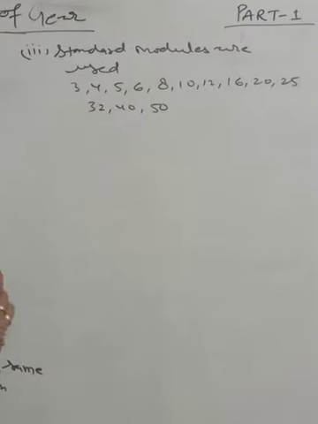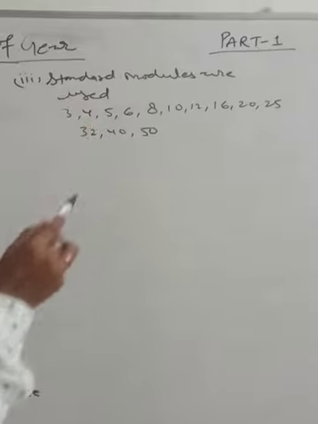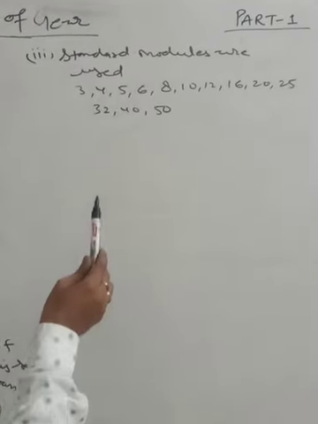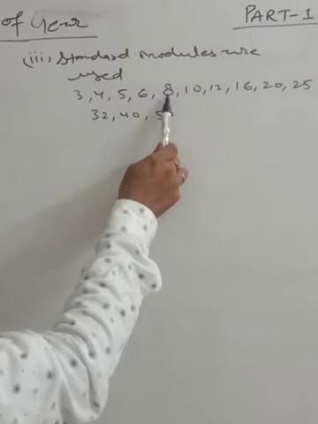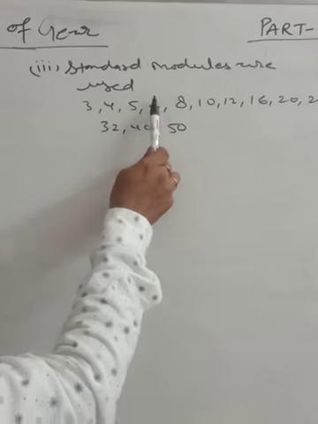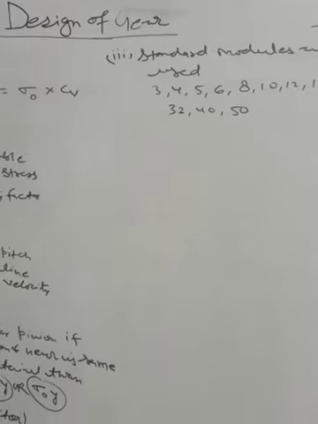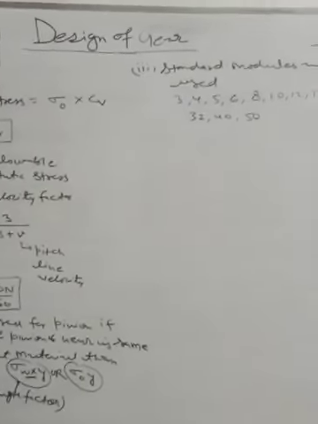If our module is in this range, then we use it. For example, if in your numerical solution the module is 8.6, then we adopt the value of 8. If our value is 7, then we adopt 6. The standard module is chosen. This can also be chosen from the design data book.